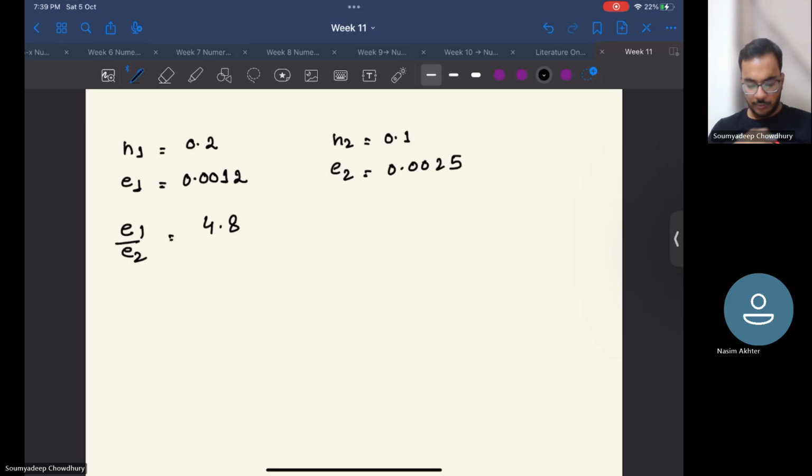Now we say that our method is accurate to O of h power n.